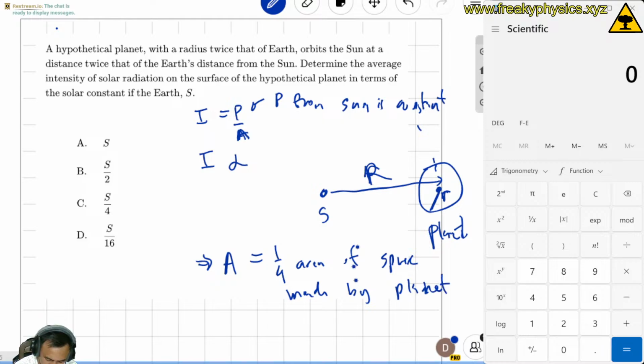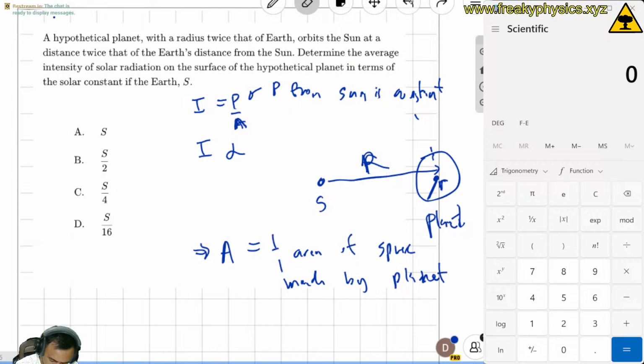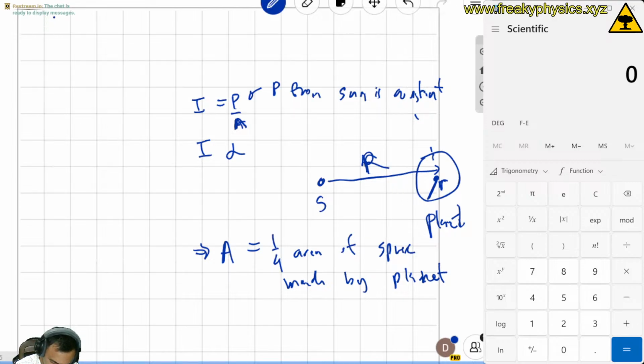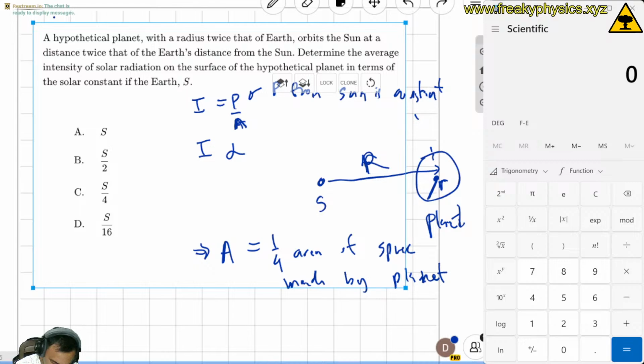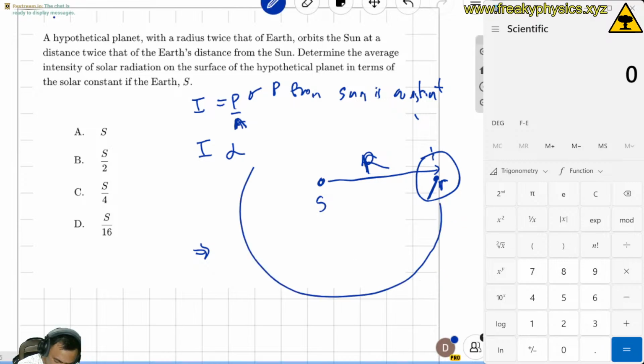Now another way of thinking about this is, hold on, I'll remove this first. Oops. Okay. It's gonna be easier to look at this in terms of the sphere around the Sun instead of the radius of the planet first.